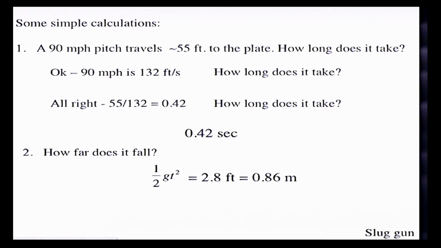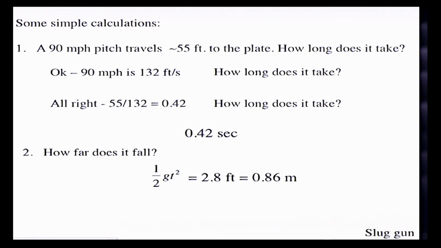If you think way back, or not so way back, depending on your age, to the last time you had a physics class, this one sticks with a lot of people. And g is what we sometimes call the acceleration of gravity. That is 9.8 meters per second squared, or 32 feet per second squared. Half of 32 is 16.